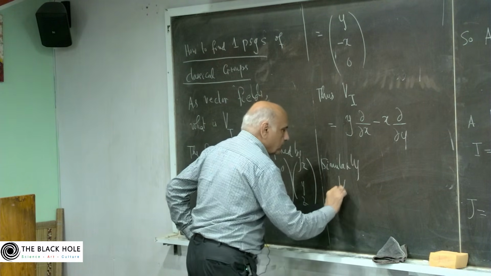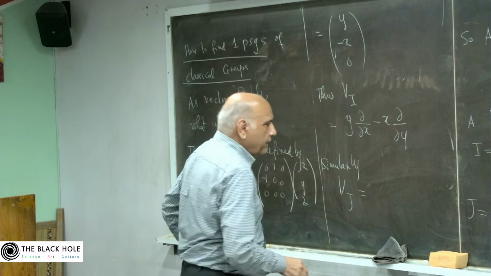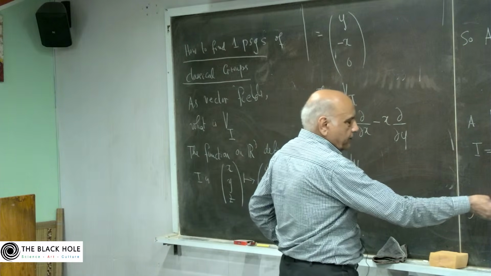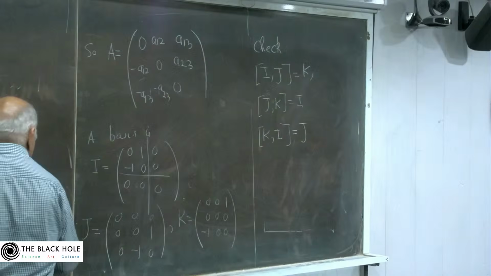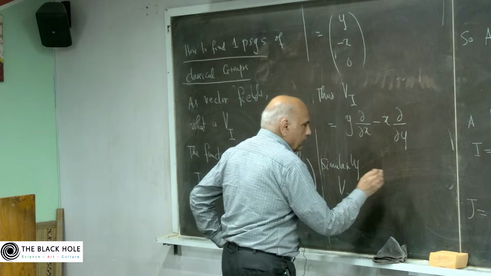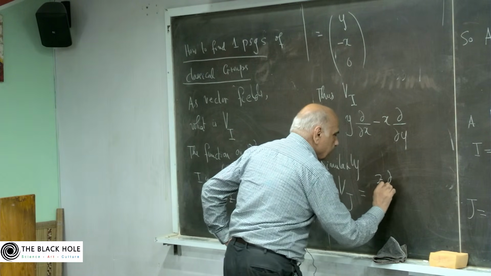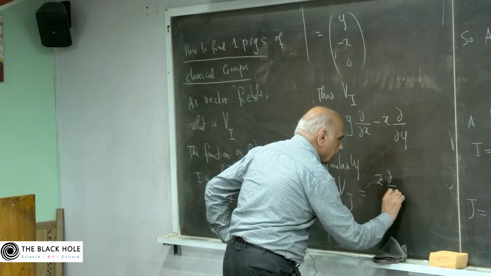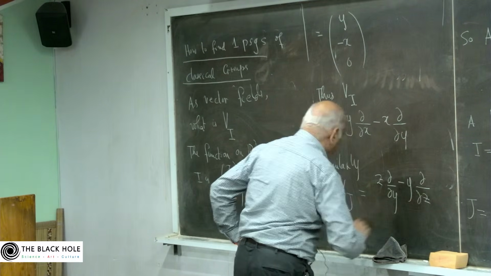Okay, and similarly the vector field corresponding to J would be 0, z, minus y. So 0, z partial by partial y minus y partial by partial z.